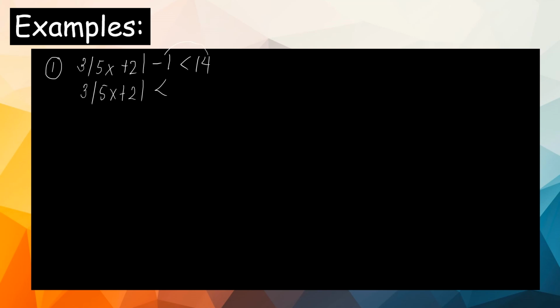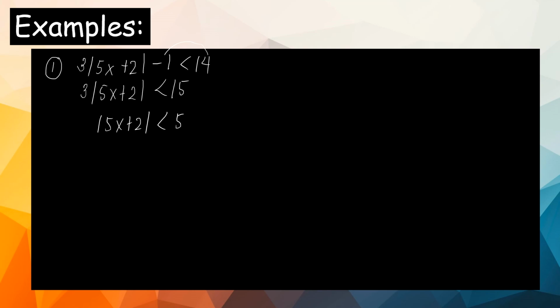So that would be 14 plus 1, which is 15. Next, let's divide both sides by 3 so that we can cancel the 3 outside your absolute value sign. So this would become absolute value of 5x plus 2 is less than 15 divided by 3, which is 5.